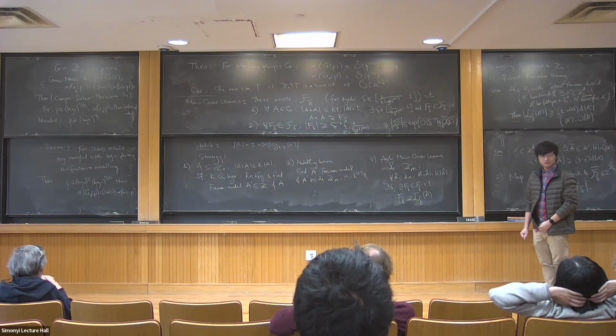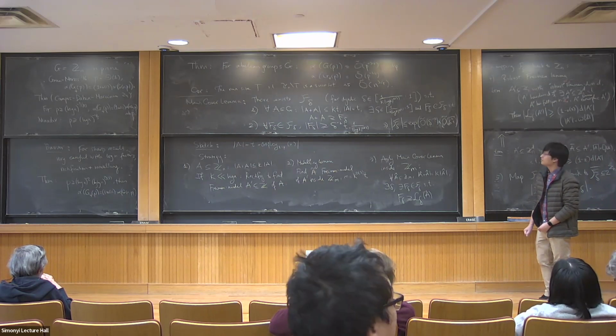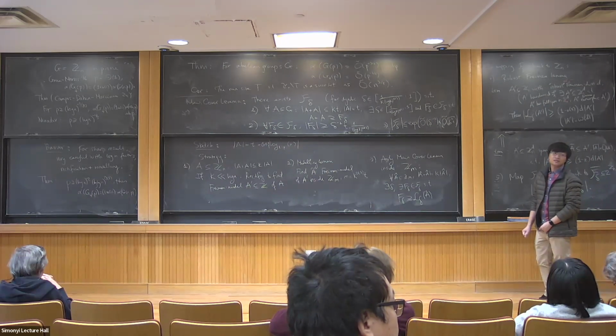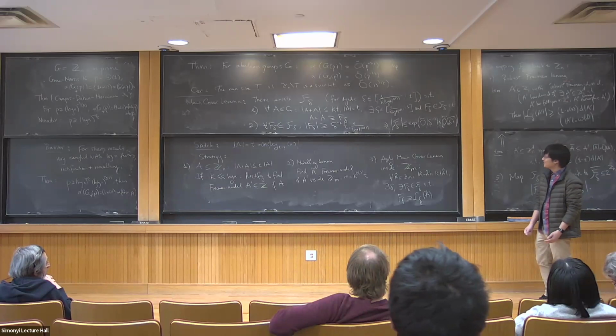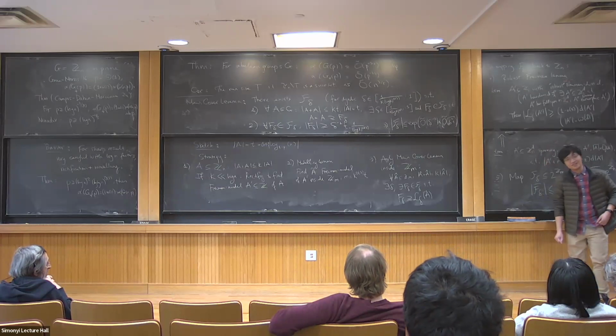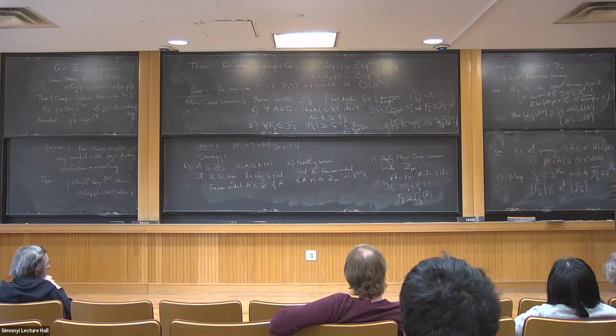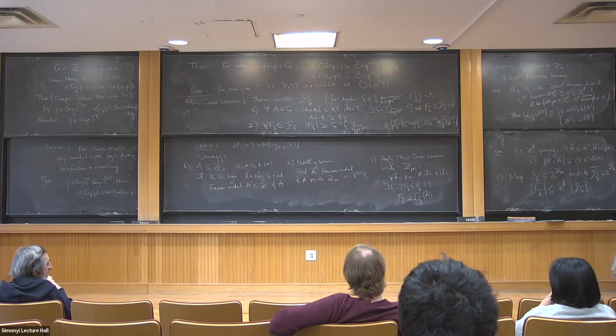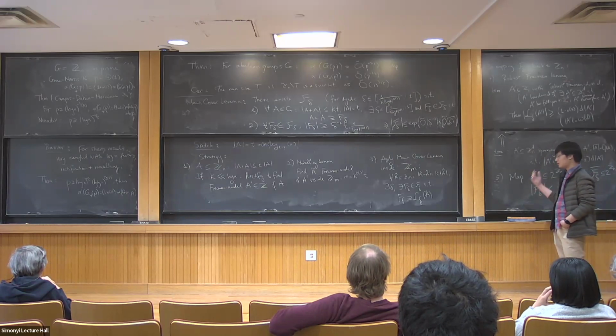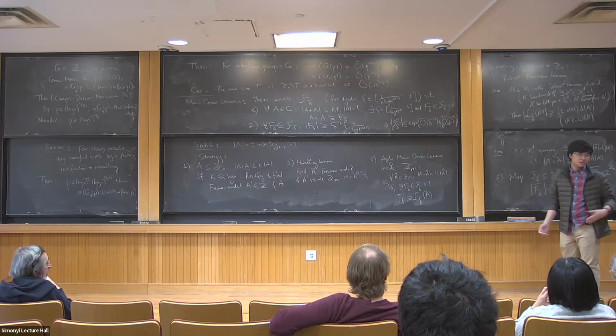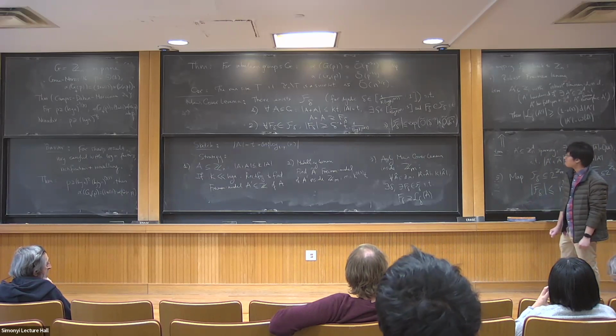Is there some way in which you could combine the two arguments and get something at least in some regime? Good question. I have tried to do that for a while. I don't have a good answer to that right now. You could imagine that the right thing to do is to have a physical space argument and a Fourier space argument, and you want to ideally combine them in some interesting way. It's not clear how to do that at the moment.